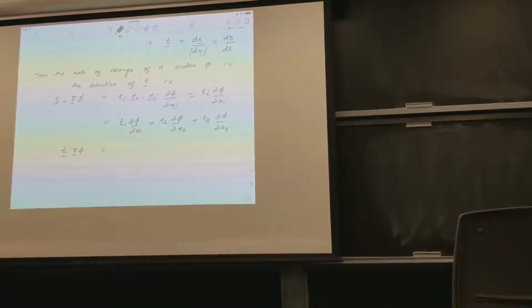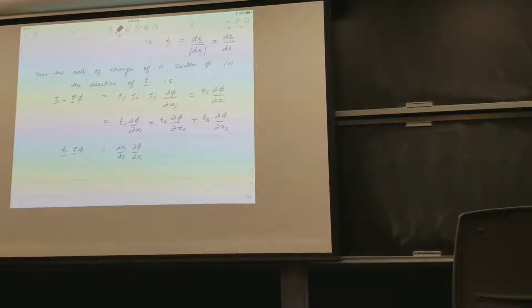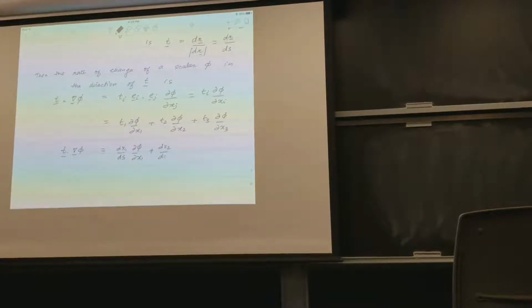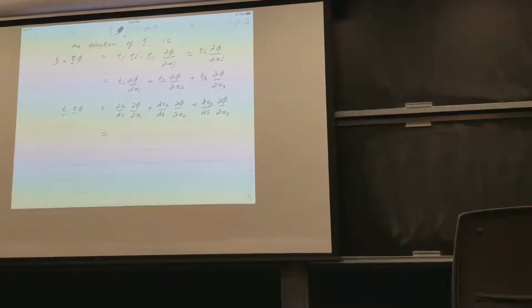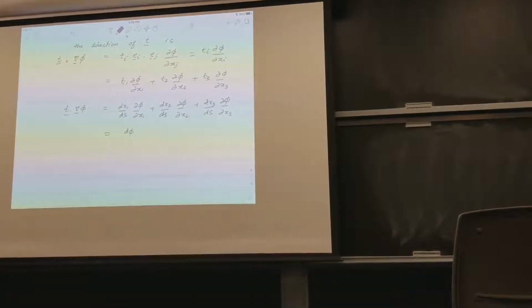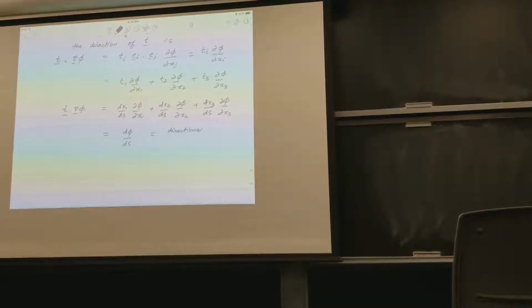So I end up with t1 being dx1/ds times d phi/dx1, plus dx2/ds, which is t2, multiplied with the second term, and then dx3/ds times d phi/dx3, in which all the dx1, dx2, dx3 terms cancel out, and what you're left with is d phi/ds, which is your directional derivative of phi in the t direction.